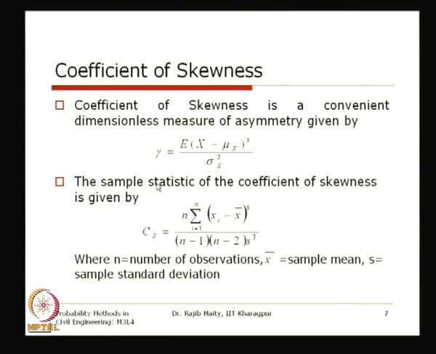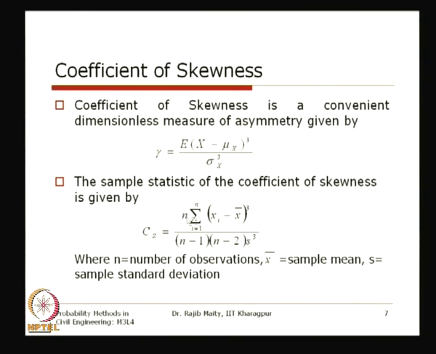The sample estimate of the coefficient of skewness is expressed as this, where we take each individual observation and deduct the mean. It gives the distance of each observation from the mean, and we take its cube and sum it up over all observations. Here n is the number of observations.